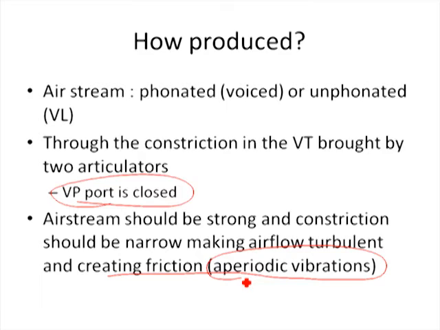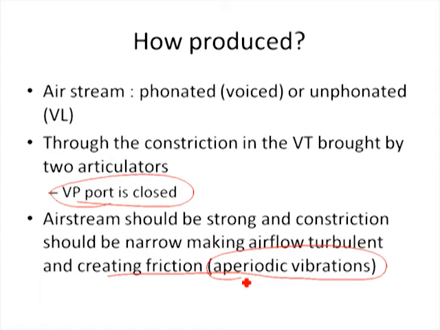And then you have the tongue to your palate, which is the sh. Okay, it's brought through two articulators. Your velopharyngeal port has to be closed, right? Because you need the airstream to pass only through your oral cavity. You don't want it to go through your nose. The airstream should be strong, the constriction should be narrow, it makes airflow turbulent, and hence with the fricatives you have aperiodic vibrations coming through your oral cavity.